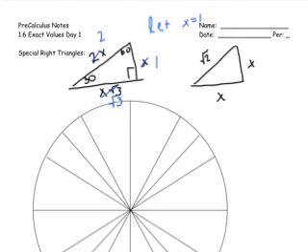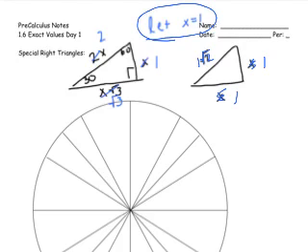So now across the 30 is 1, across the 60 is root 3, across the 90 is 2. Same thing with the 45, 45. This is 1, 1, and, oh, I'm sorry, I left out my x here, so now it's 1 root 2. Alright, so this is the first thing. You just have to assume that x is 1 here.